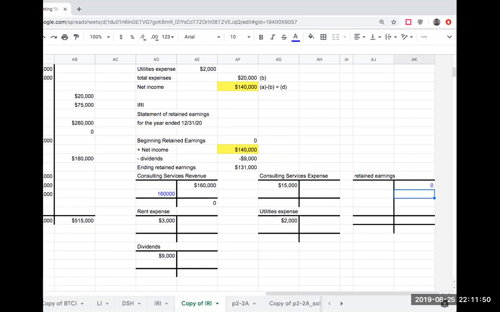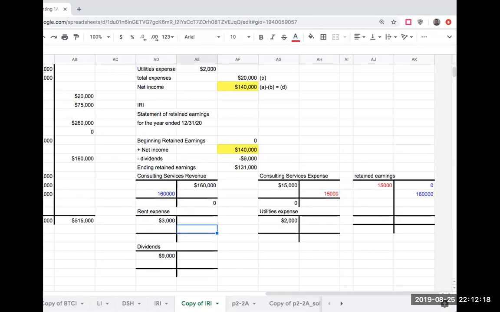I'm going to credit retained earnings because that's what I do for every account I'm closing out. Okay, consulting services expense. To make this account 0, I'm going to credit it for 15,000. For every credit, I need a debit, so I'm going to go ahead and debit retained earnings here for 15,000.